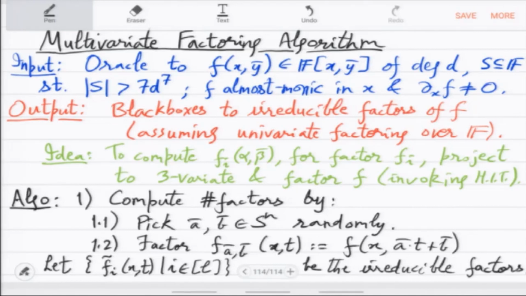Okay, so you have obtained these factors. This can be done efficiently because you just have to factor this bivariate F(a bar, b bar), which you know how to do as long as you know how to factor univariates.